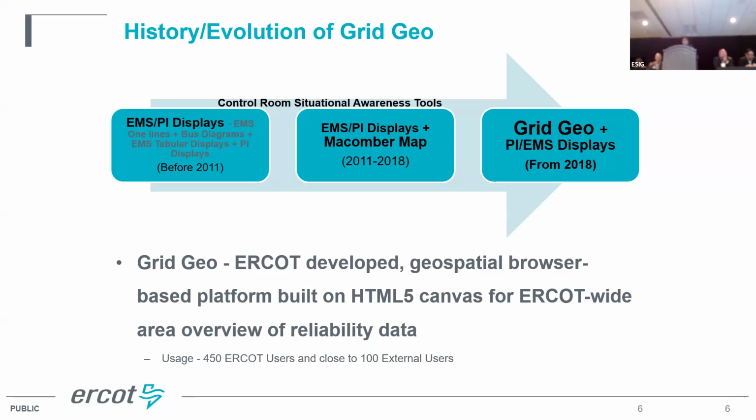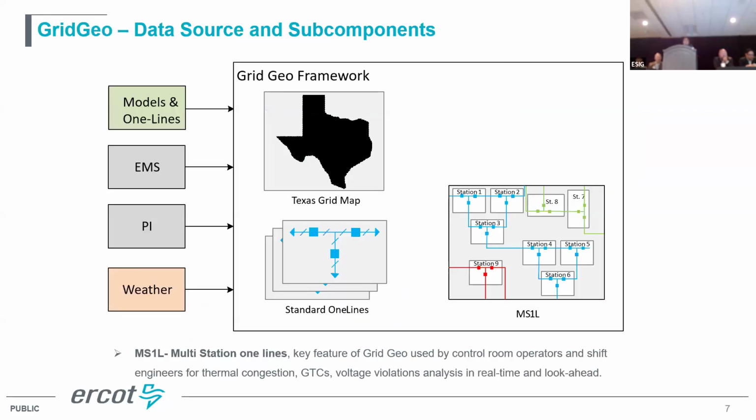So one of the considerations is also the performance of it. Like I said, it's a very fast real-time tool that can pull data from many different sources and make it available on a single screen. That's what the framework is. I'll briefly go into the different inputs and the technology behind it. We use the network model and the data from the energy management system.